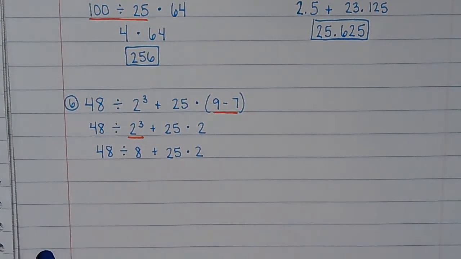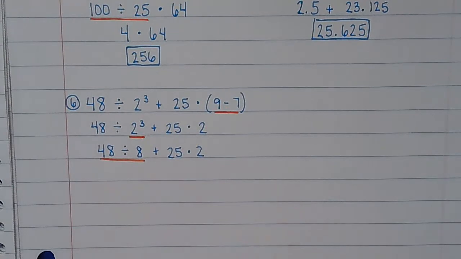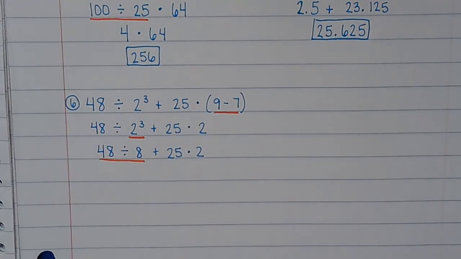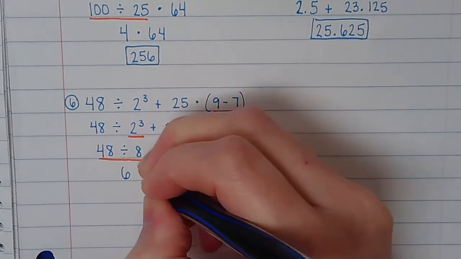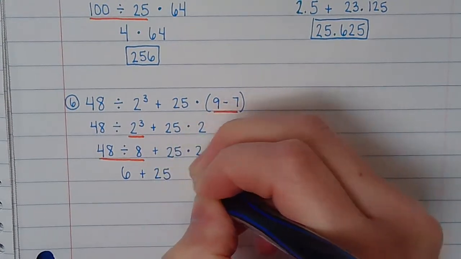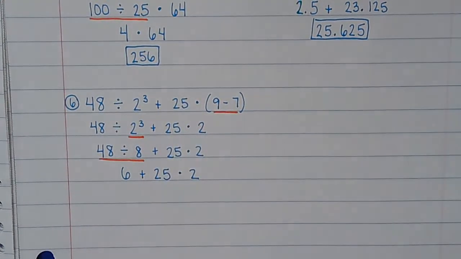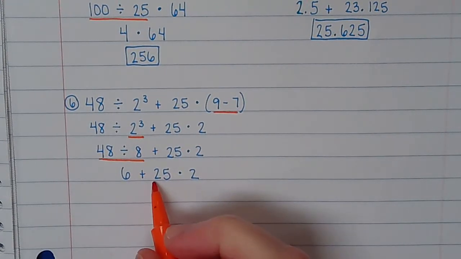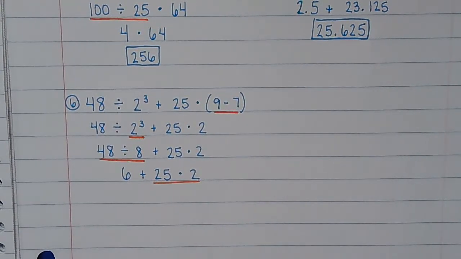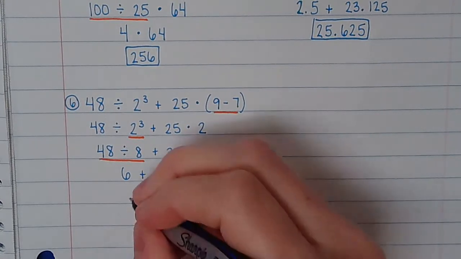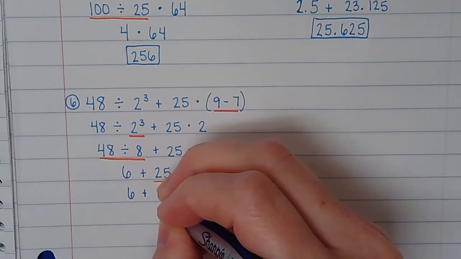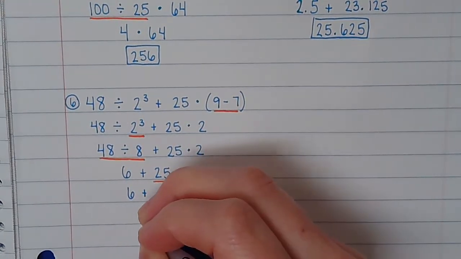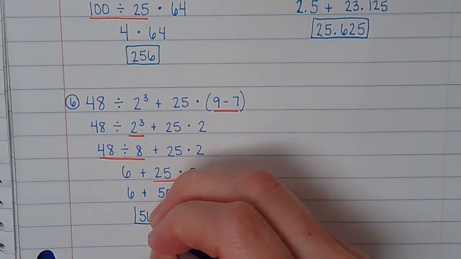I get to my division first, so that's what I'm going to do. 48 divided by 8 is 6. Addition and multiplication. You have to do your multiplication before you can do your addition. 25 times 2 is 50. So now 6 plus 50 is going to leave you with 56.